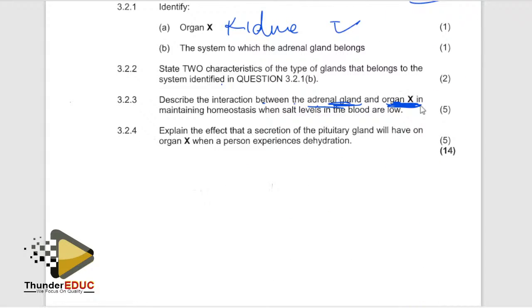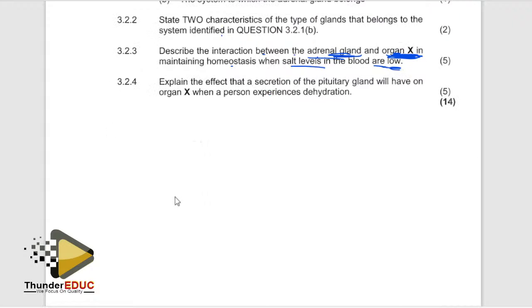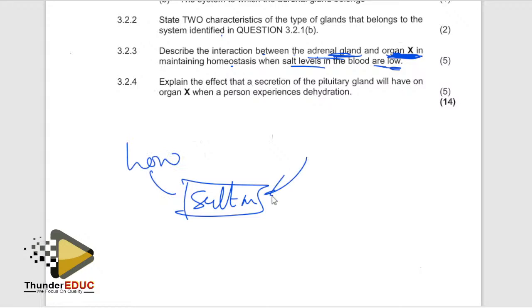Let's go back. X in maintaining homeostasis, when the salt level is low. Remember, I told you that you have normal salt. When you say low, the last point must be increase. Then the gland, which hormone does it produce, and then the function of the hormone, then automatically it goes back to normal.